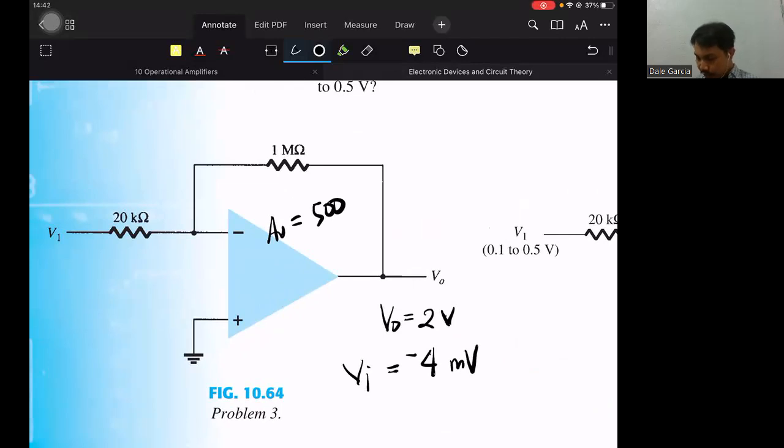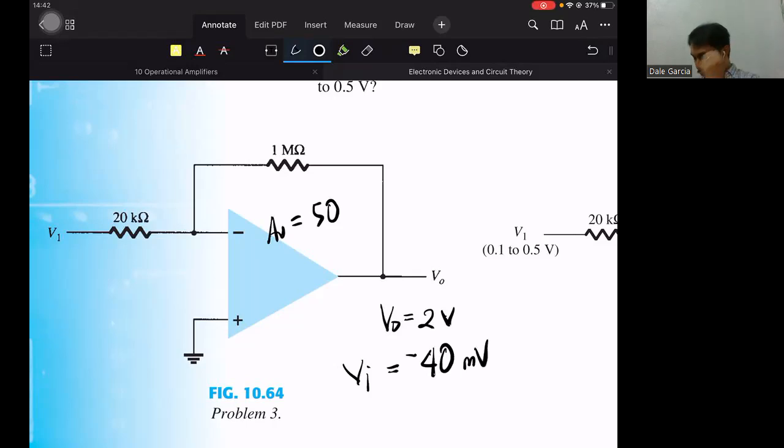Then, sorry, the gain is 50. I got 50. How much? 40 millivolts, sir. 40. That's more correct. 40. The gain is 50, not 500. Negative 40 millivolts. Okay.